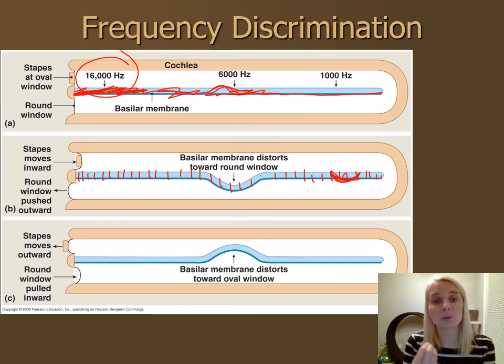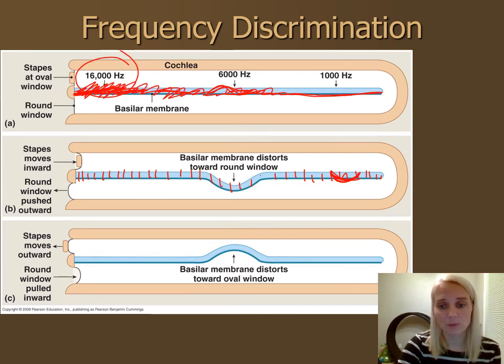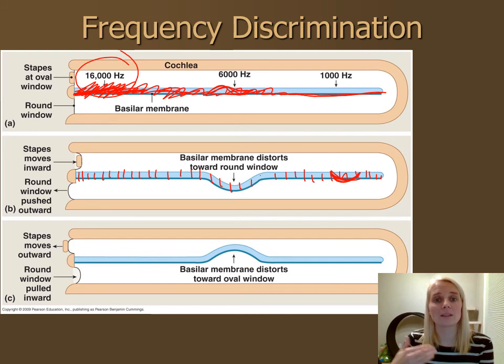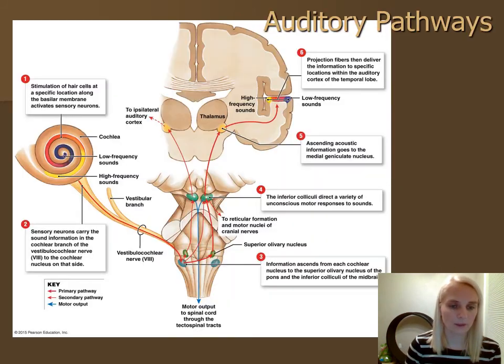And so we get very precise information about what tone the sound is, a high frequency, a mid frequency, or a low frequency sound, and everywhere in between. And that is because of the thickness going down to less thick and pretty thin by the time we get to the end, because it is a physical property of the basilar membrane that affects when and where it is going to be distorted. Okay.